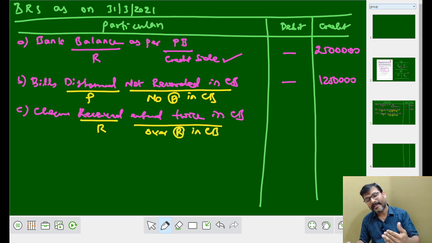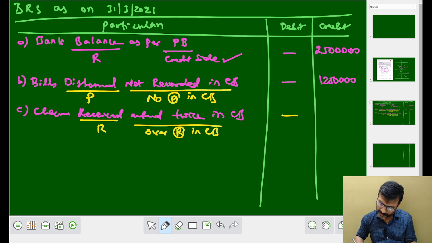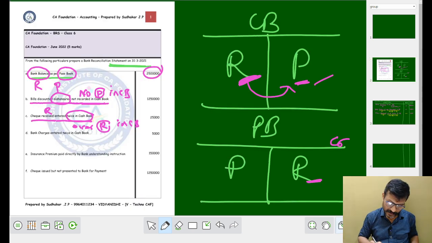And it is over receipt, over debit, it is to be taken in the opposite side, that is to be mentioned on the credit side with an amount of rupees 25,000.